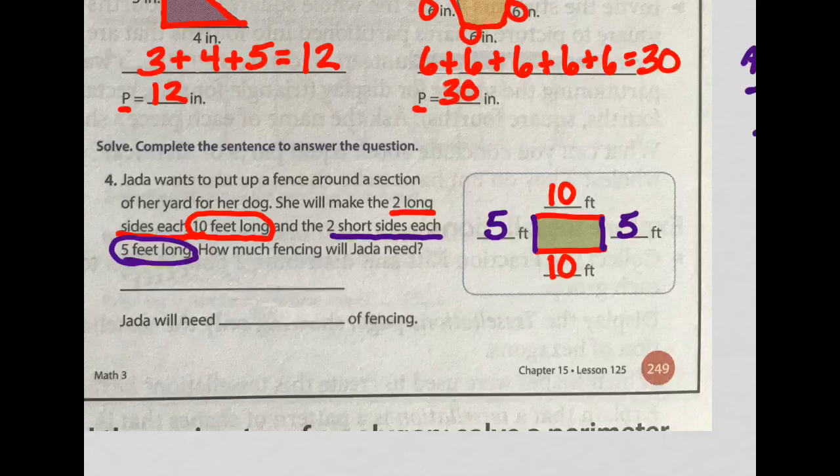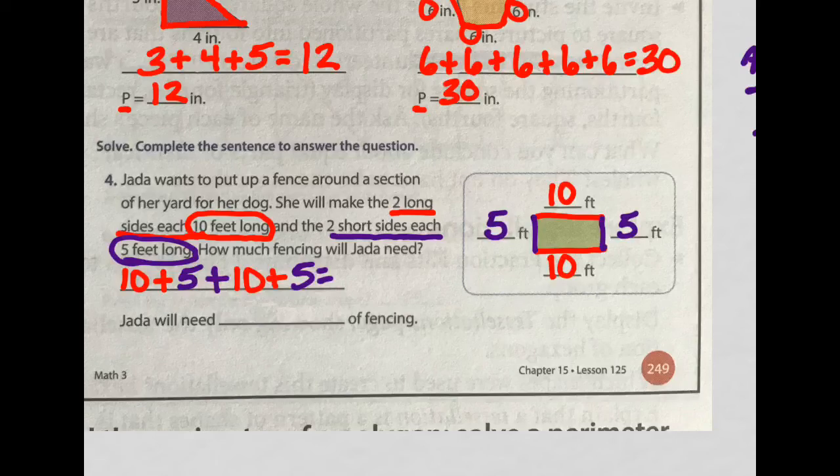So we're going to start with the top side, 10 plus 5 plus 10 plus 5. And I did them in different colors so you can see that I added the long sides with the short sides.